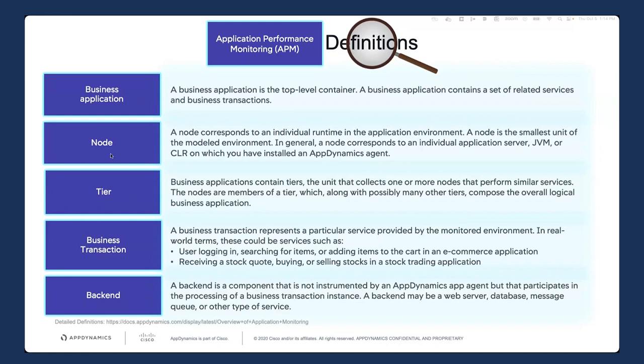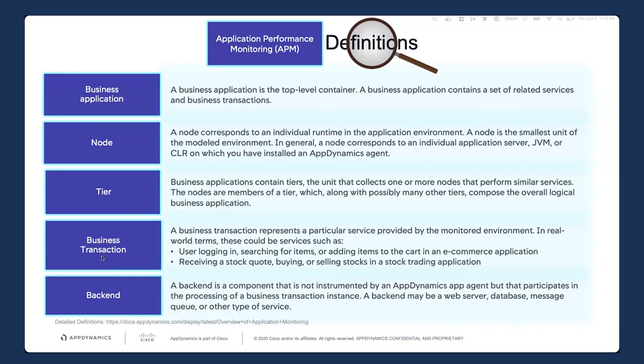And then what we have is a business transaction. I remember a colleague saying to me, "This is the bread and butter of how AppD approaches observability." A business transaction can be basically any interaction of how your user interacts with that service being provided by yourselves. For example, if we have an e-commerce site, we could have search, that'll be a separate BT, or we could have add to cart, or we could have, for example, checkout, that'll be a separate BT.